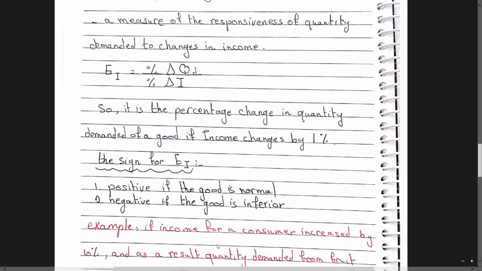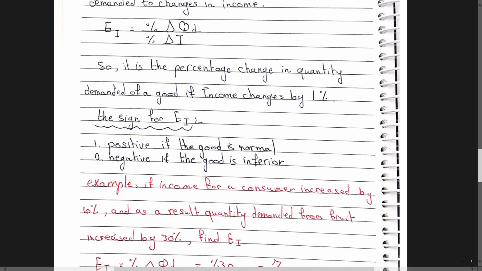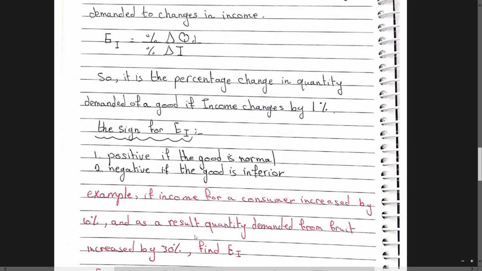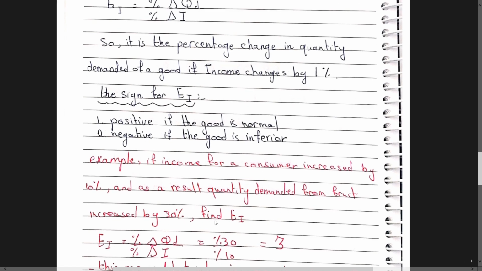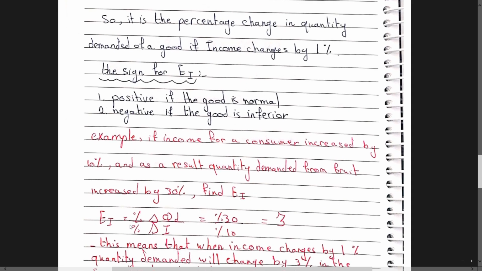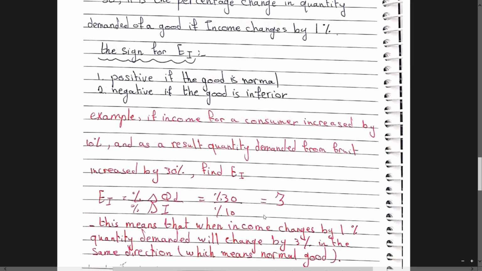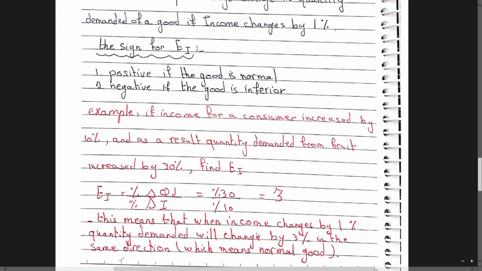Example: if income for a consumer increased by 10% and as a result quantity demanded from fruit increased by 30%. If my income increased, my demand for fruit increased. So it is a normal good. Find income elasticity. I put the formula and I get 3. What is the interpretation of the 3? This means that when income changes by 1%, quantity demanded will change by 3% in the same direction. In the same direction means I'm talking about normal good.